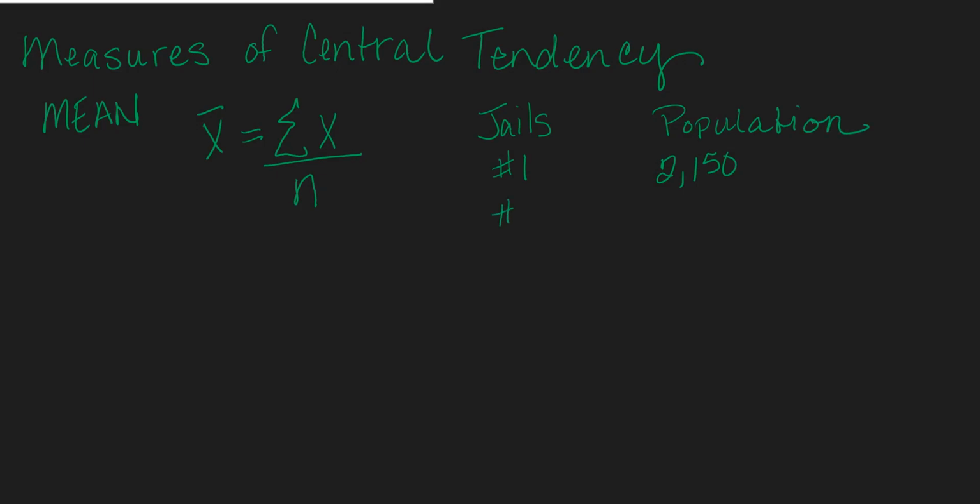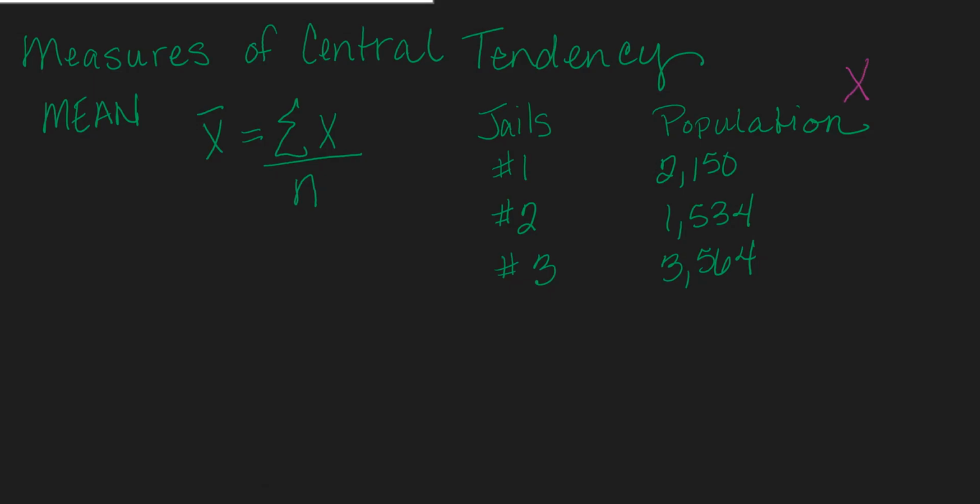Jail number 2 has 1,534 residents. Number 3 has 3,564 residents.